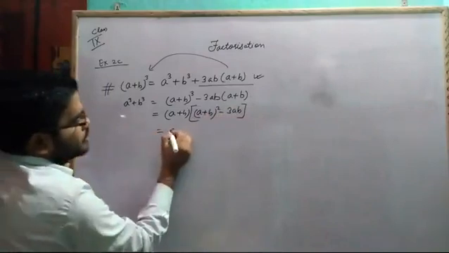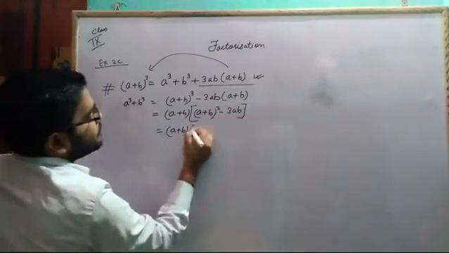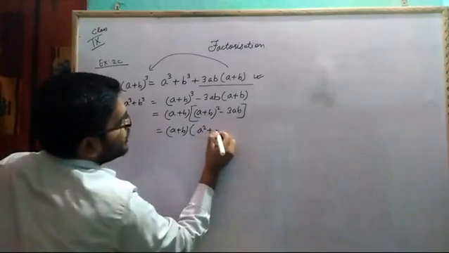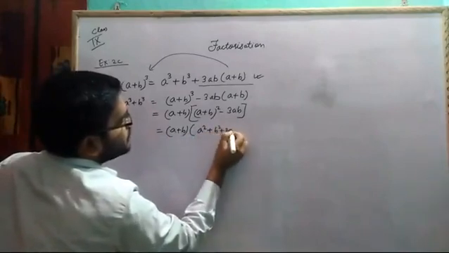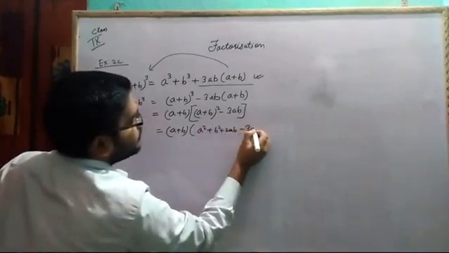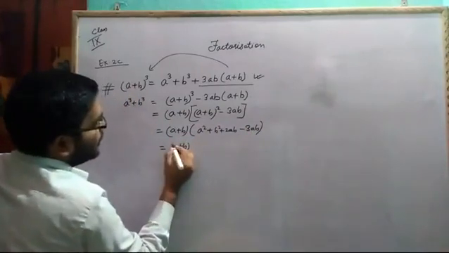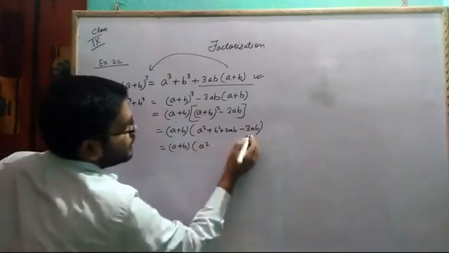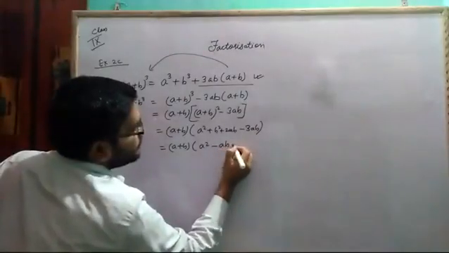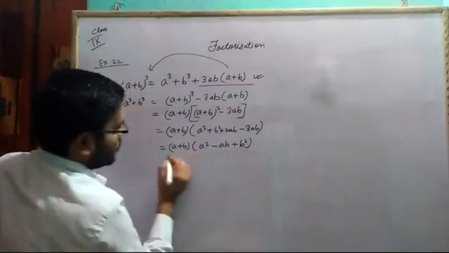Correct. Now if we simplify, we will have a square plus b square plus 2ab minus 3ab. So our formula will become (a plus b) into (a square minus ab plus b square).